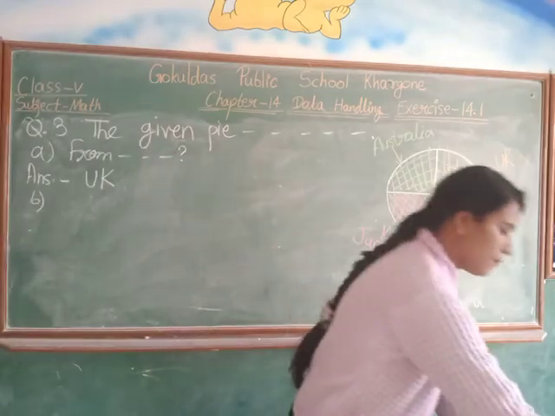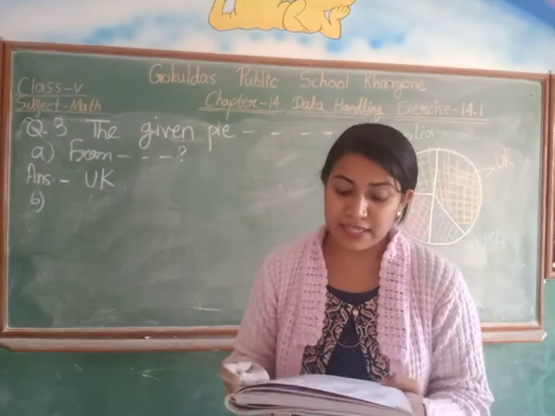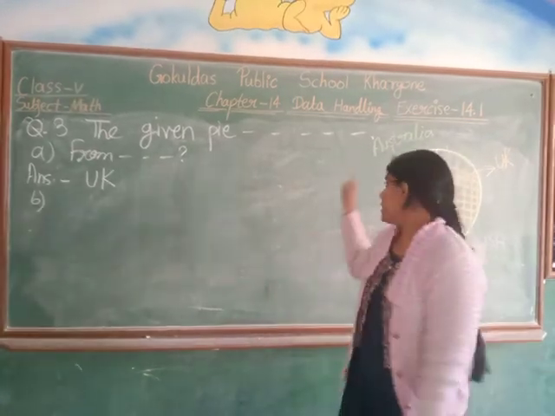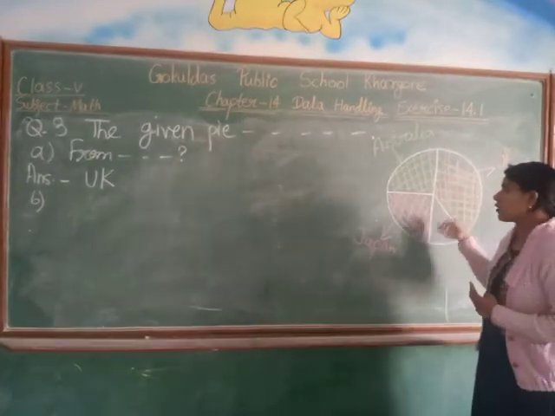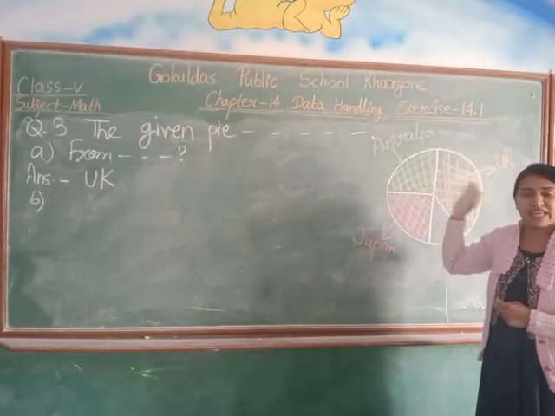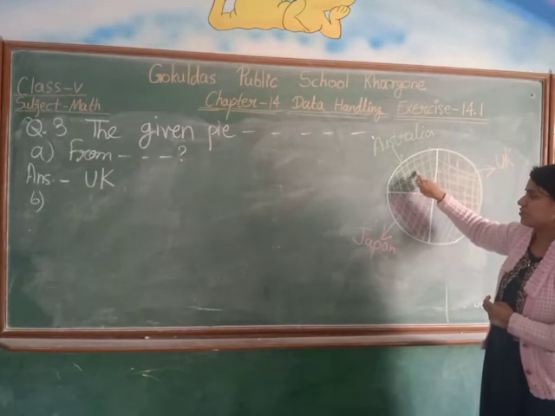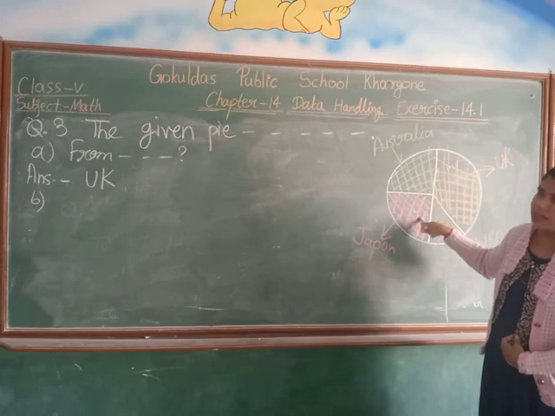Now part B. Read the question. From which two countries did the same number of tourists come? Observe your pie chart and tell me which two countries are the same, from which the same number of tourists came. So by observation we can say Australia and Japan. The shaded portions are equal.